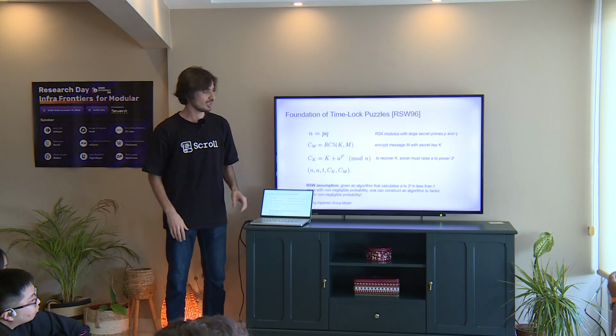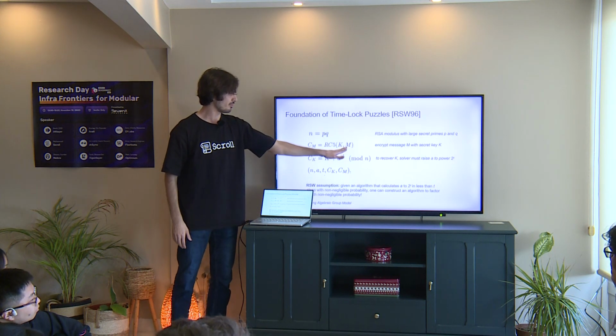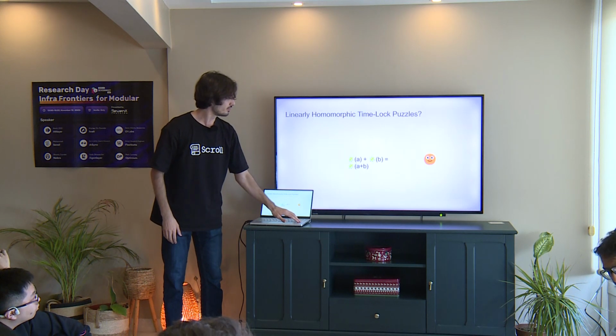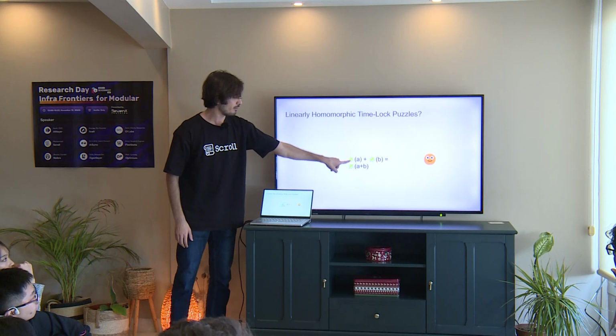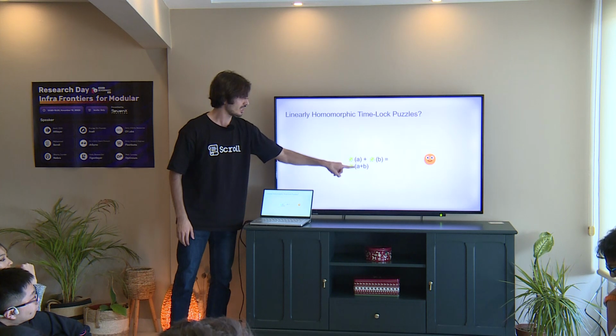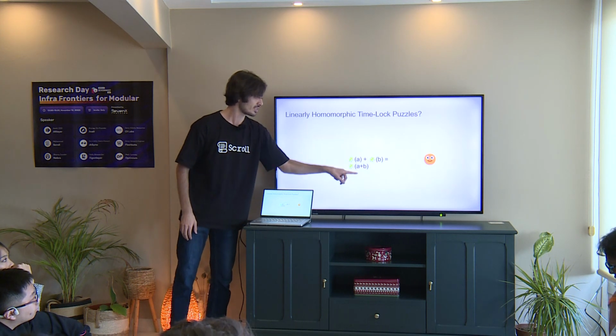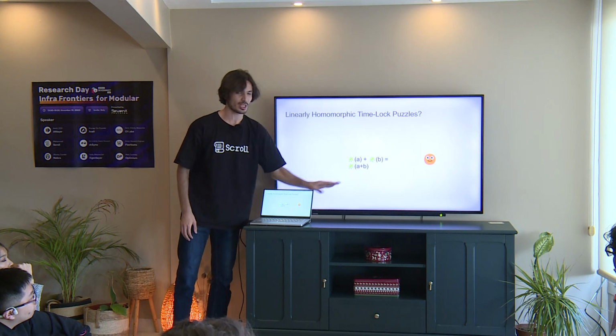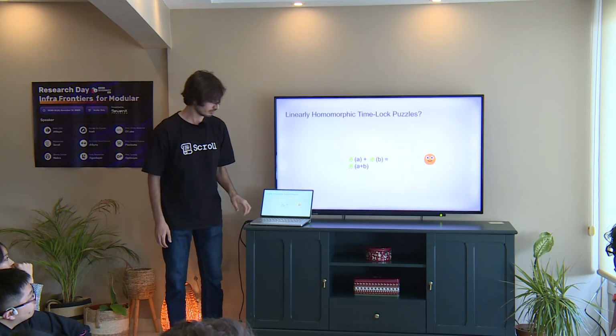It's just gibberish. I don't get M1 plus M2 inside some other encrypted thing. I want this property: if I have a puzzle that keeps A inside and another puzzle that keeps B inside, if I add these two, I want to get another puzzle that has A plus B. Linearly homomorphic.